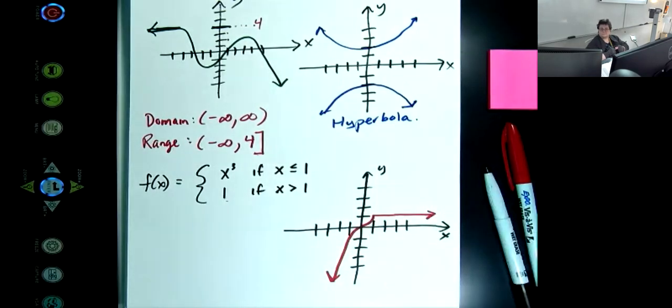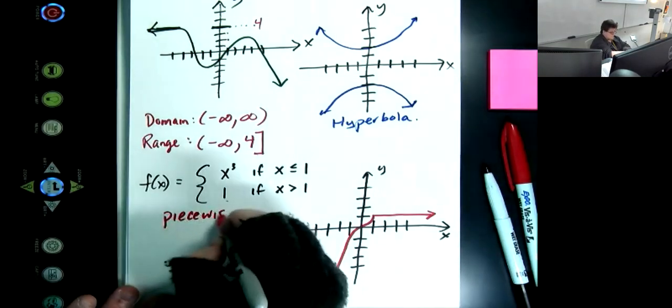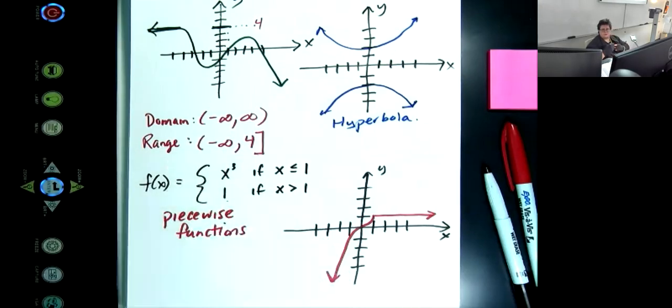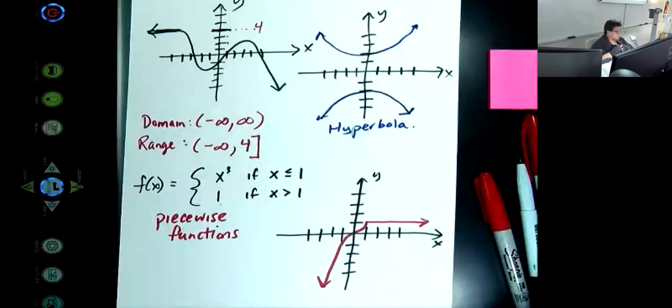That's an example. It has to be a piece; those are called piecewise functions. And as we go further in the chapter, I'm sure they show up. Since you're asking now, we addressed it.